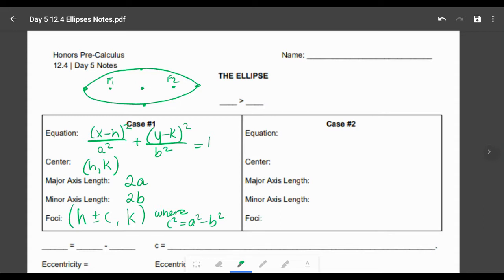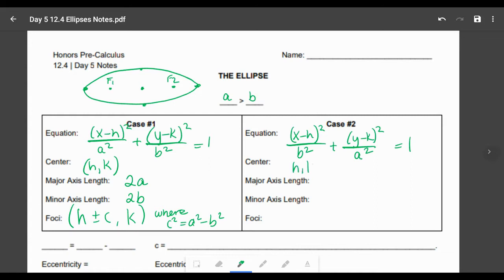All right, the secondary case is where the ellipse is longer vertically than it is horizontally. So it's a very similar equation, except since a is always going to be larger than b, then the major axis in this one would be vertical because it's in the denominator of the y fraction, right?